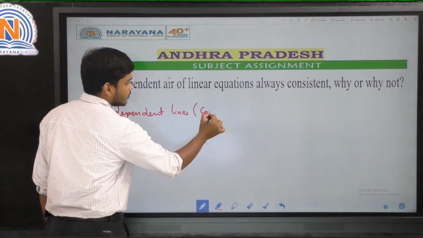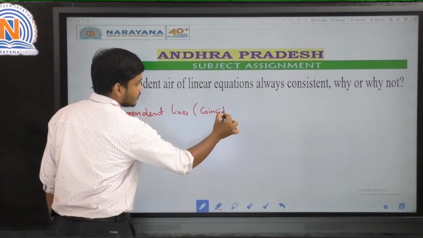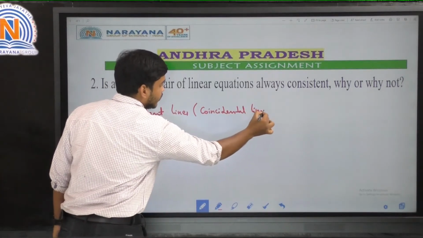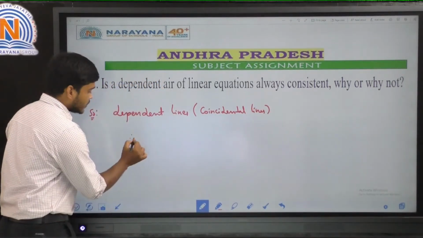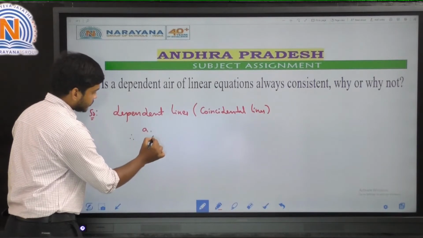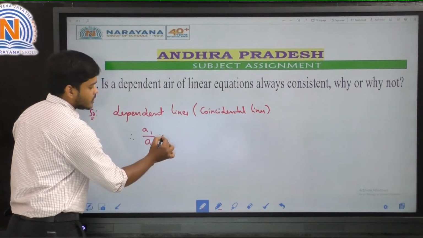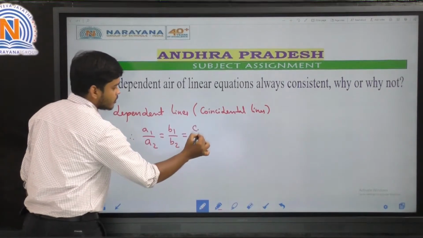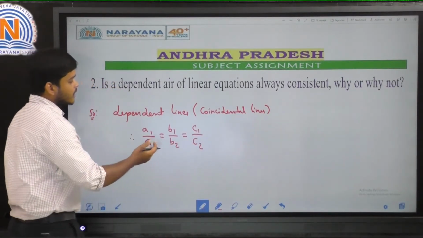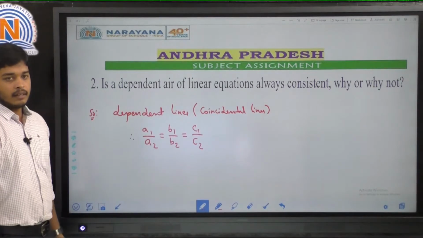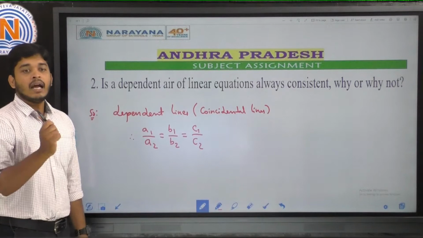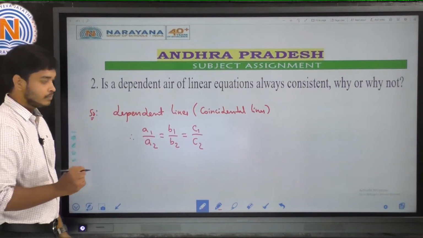See children, coincidental lines means a1 by a2 is equal to b1 by b2 and is equal to c1 by c2. This is the condition for coincidental lines. Coincidental lines have infinitely many solutions.